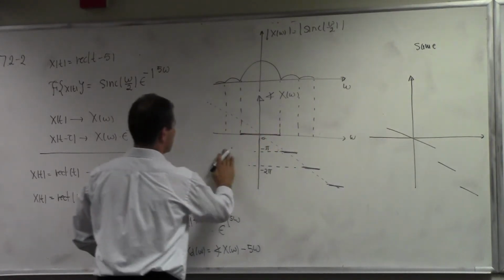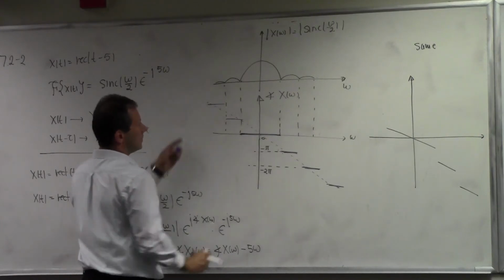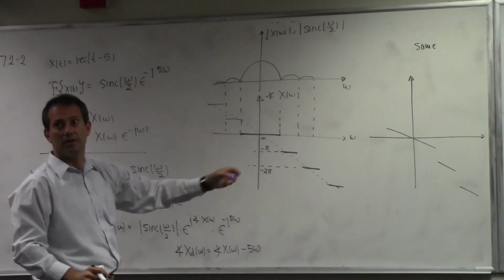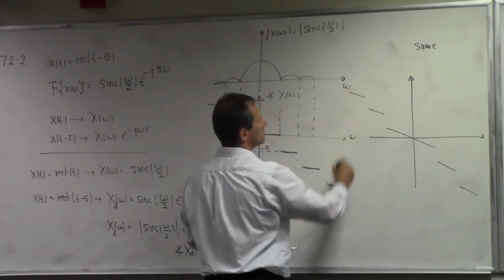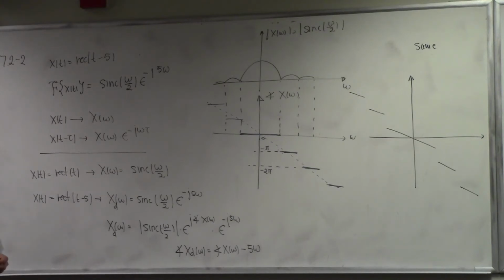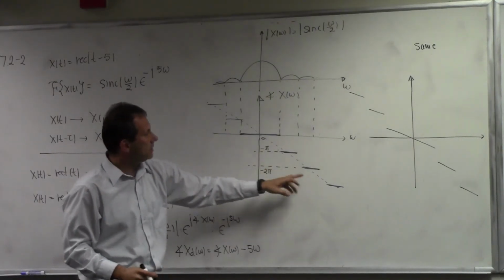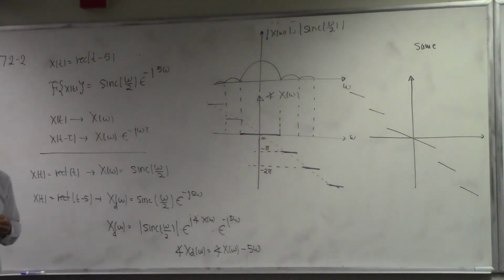Actually, sorry about this, you have to make this like, because the phase of a real signal needs to be off, right? So then it goes like this, like this. So that's the sketch of the phase of the delayed signal. Essentially, the sum of this blue line and these steps. It's a slope. Go ahead.